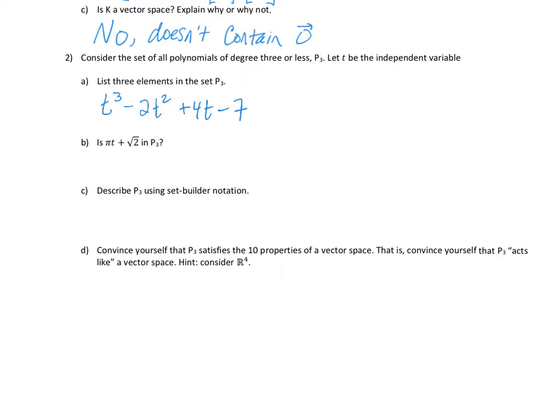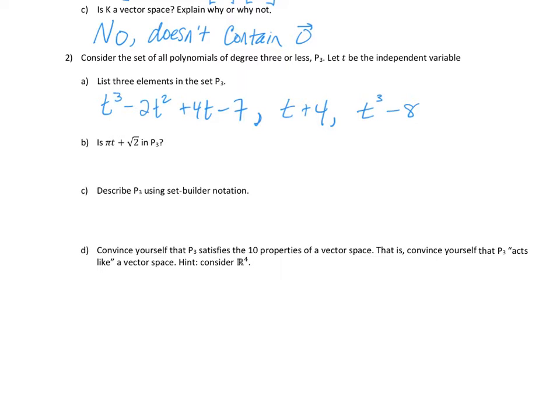I have to do 3. Another one could be T plus 4, because that is degree 3 or less. It's degree 1. One more could be T cubed minus 8, something like that.